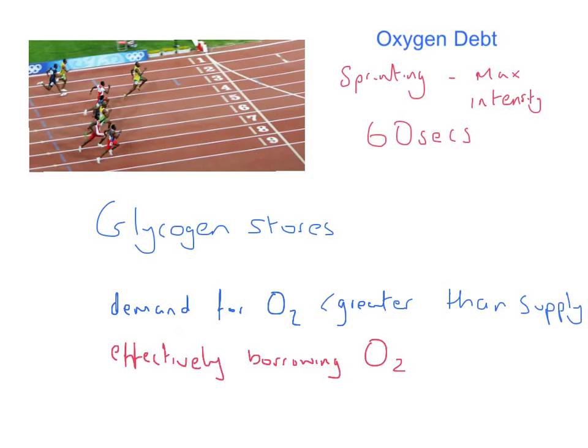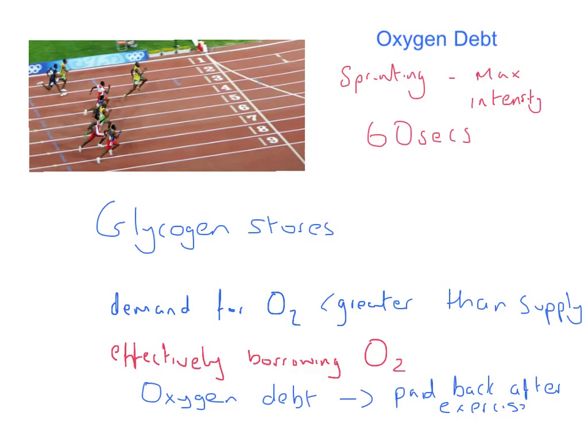So when he finishes, he's got something that we call an oxygen debt, and that needs to be paid back after the exercise. So it's effectively like borrowing money from a bank.